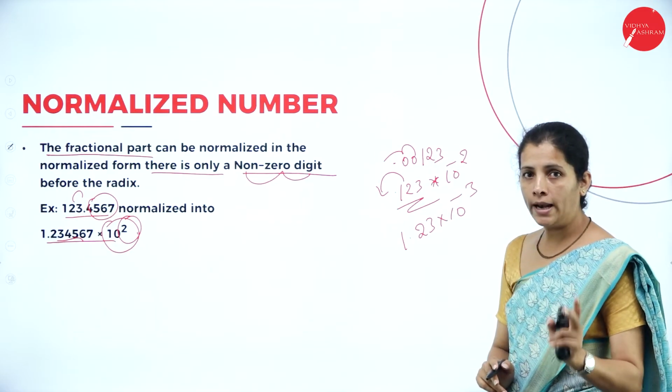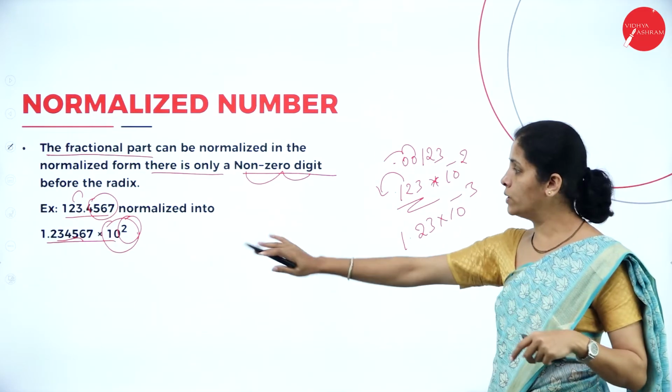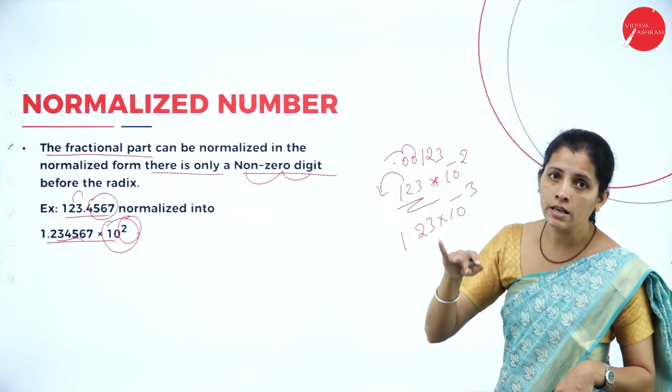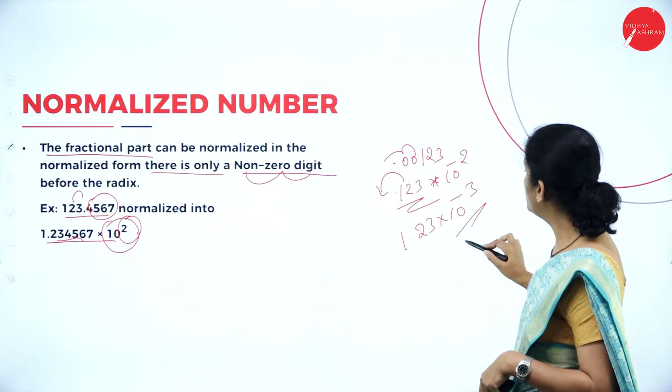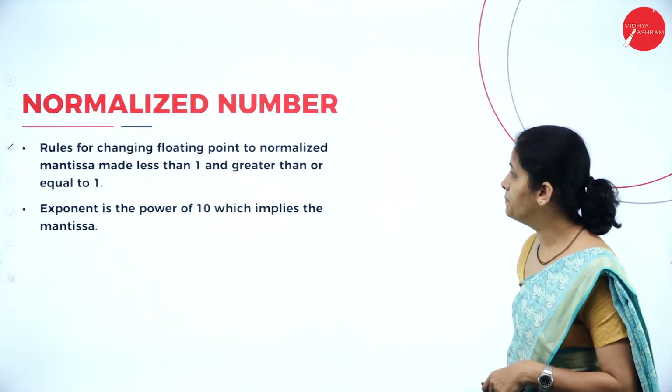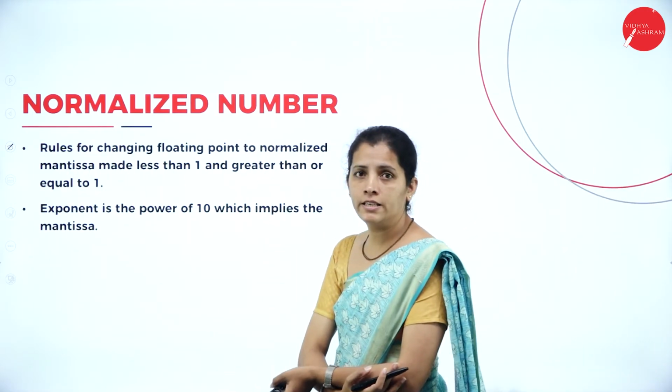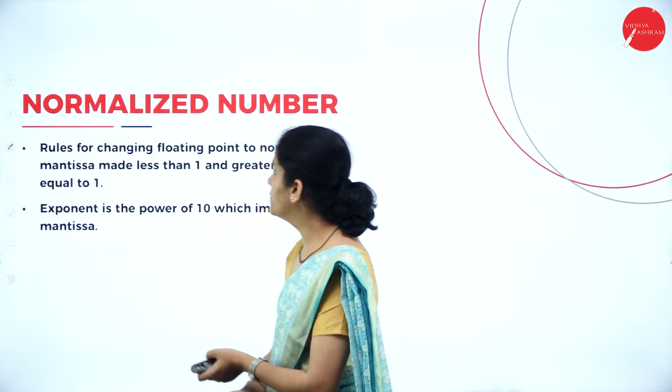See here, when I shift towards right, I want to increment the power. When I shift towards left, then I want to decrement the power. So, what are the rules I want to consider while normalizing?